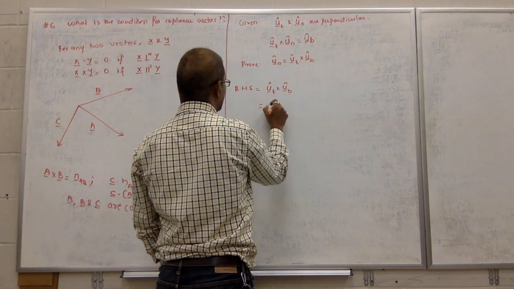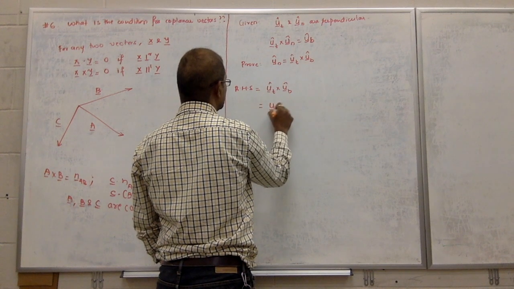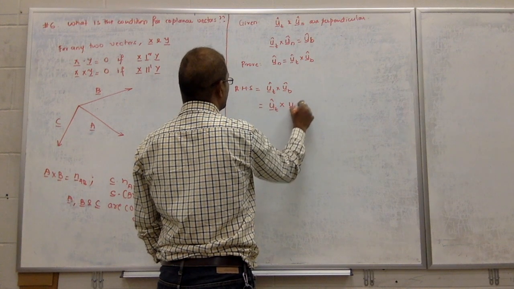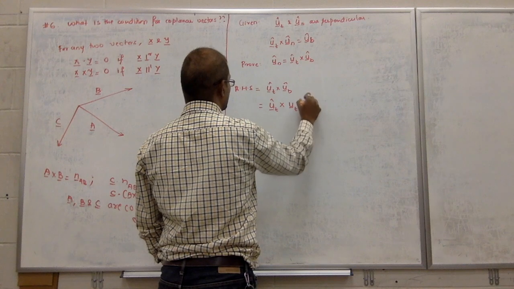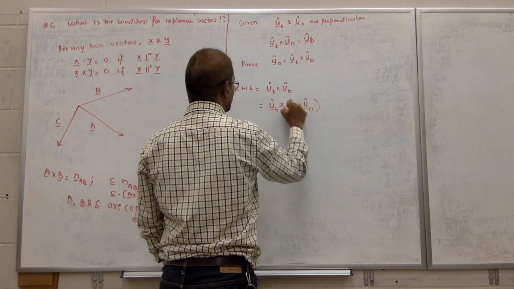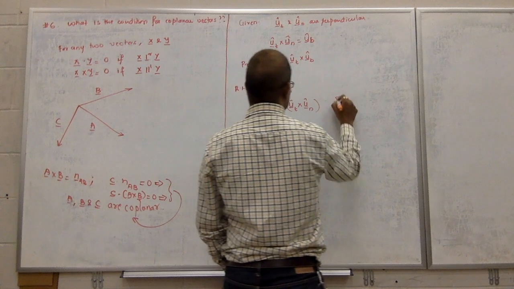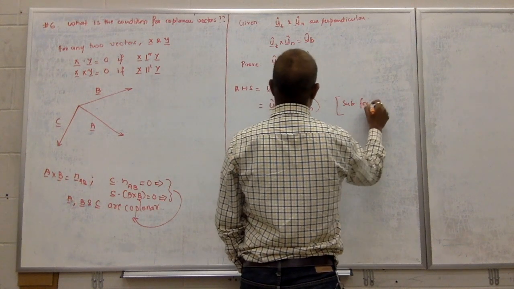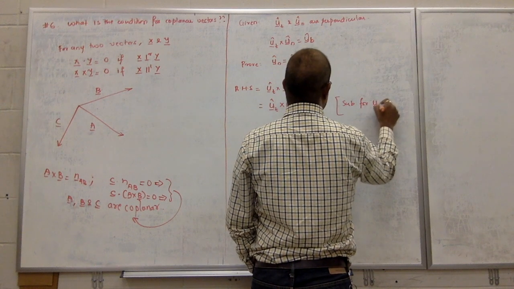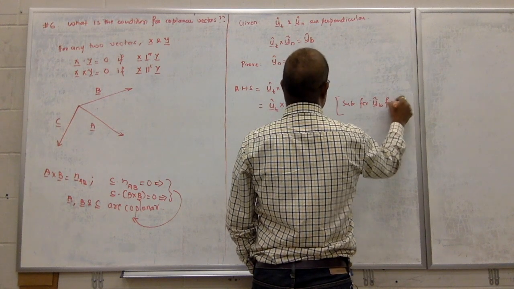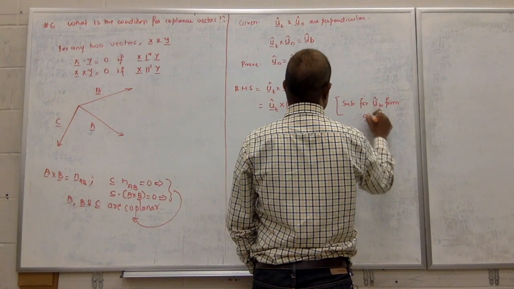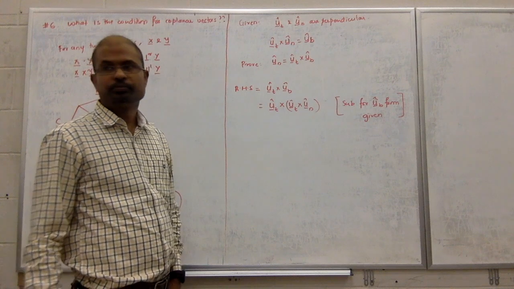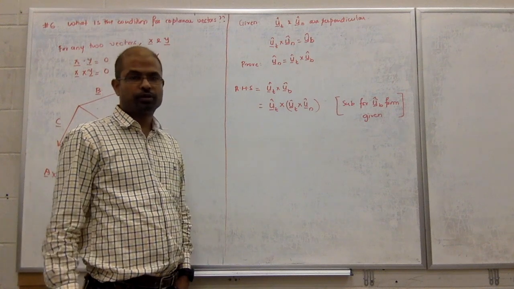But if I plug in, it will be UT cross with UT cross UN. Here, I substituted for UB from given. You with me? This is another way of doing the same problem.